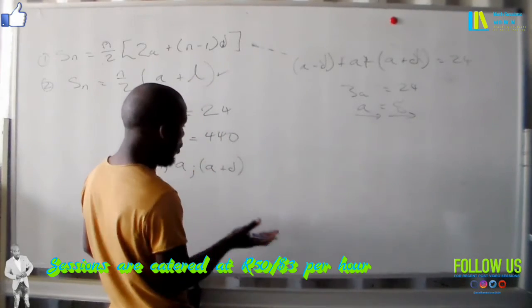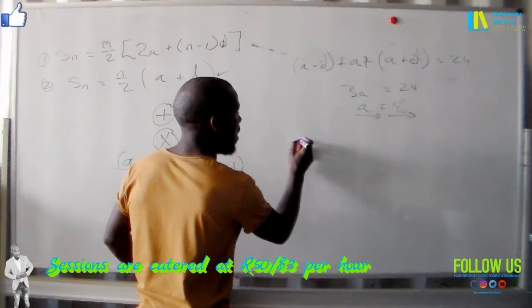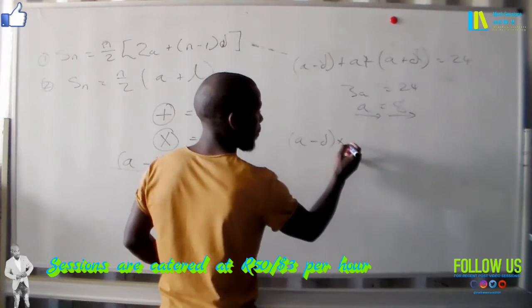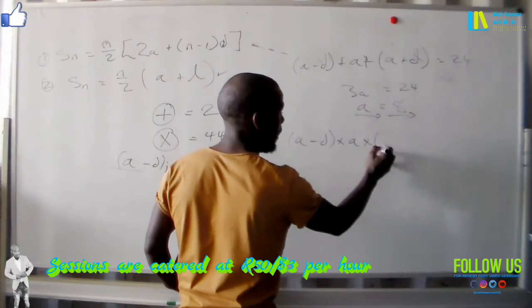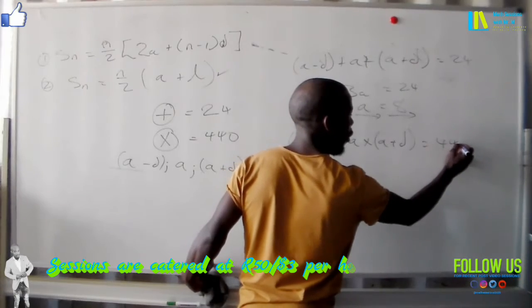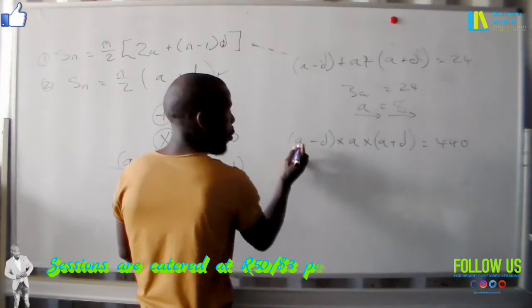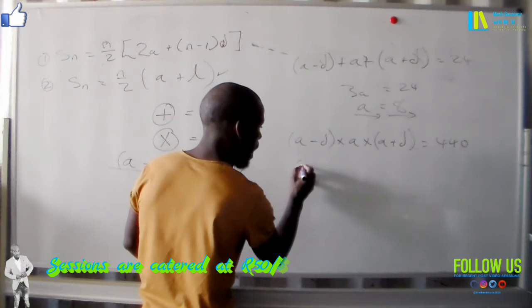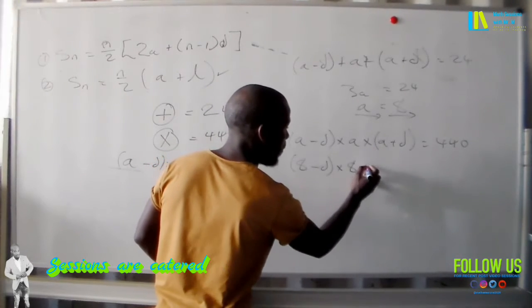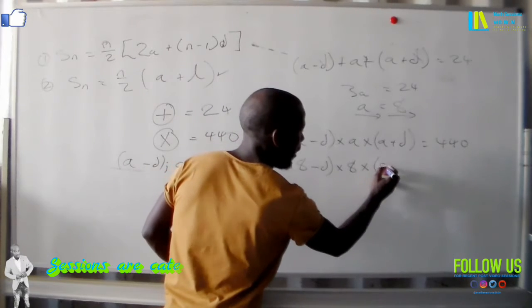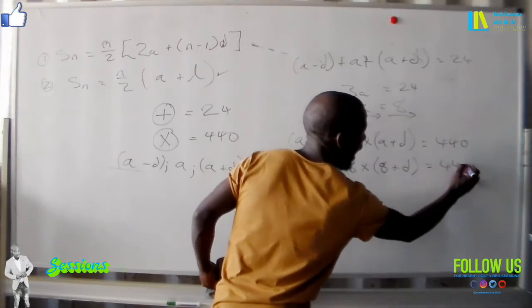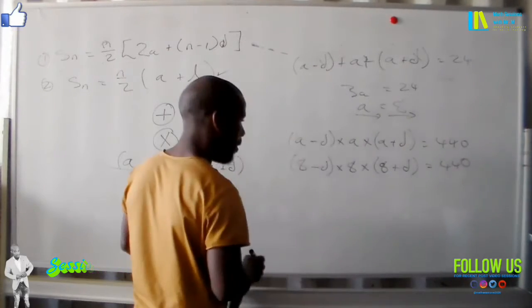So we go back now to the product. The product is A minus D multiplied by A multiplied by A plus D is equal to 440. Now we have an A which is 8. We substitute our A: 8 minus D multiplied by 8 multiplied by 8 plus D. We basically want to find out what D is.